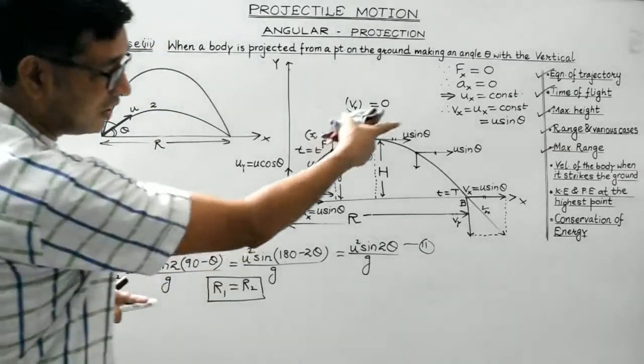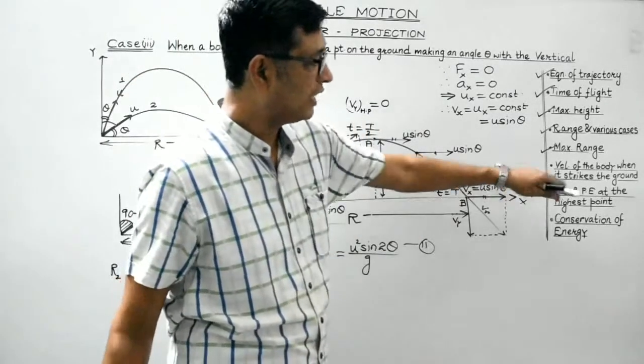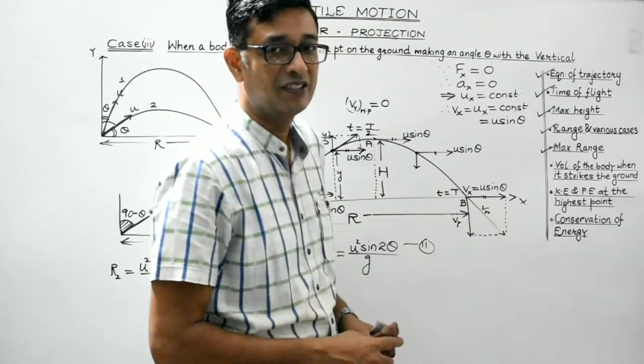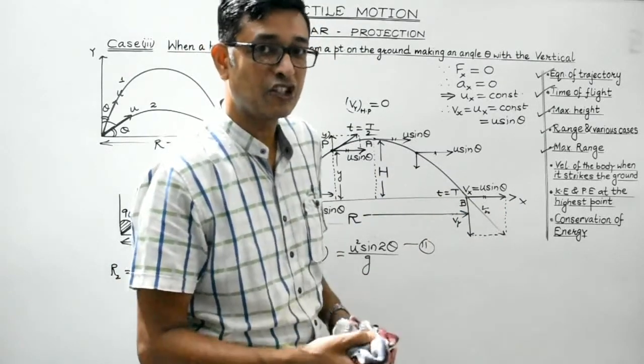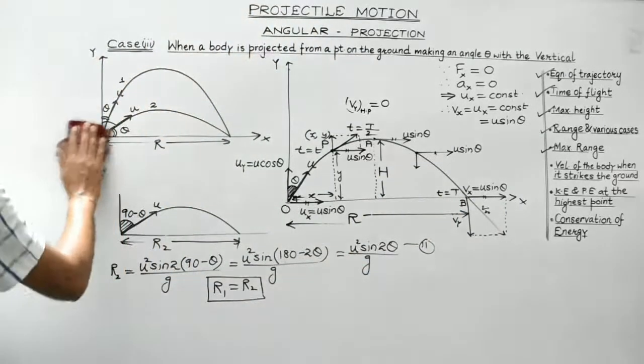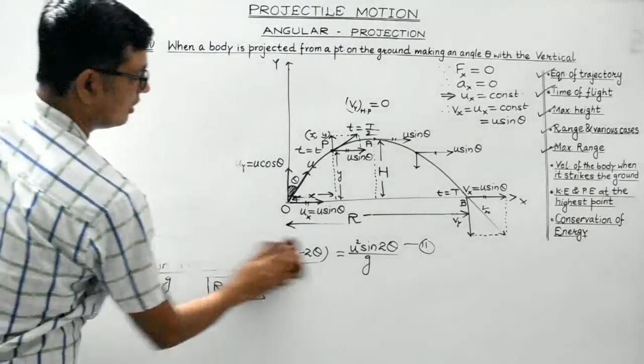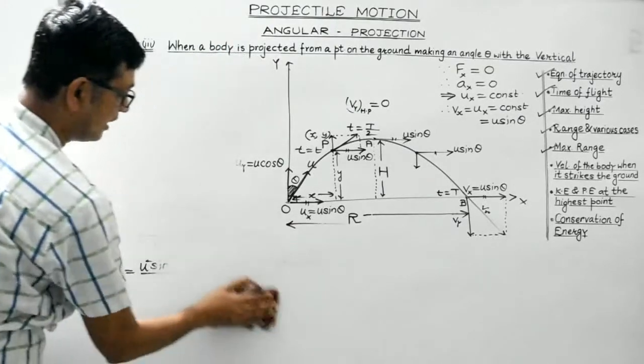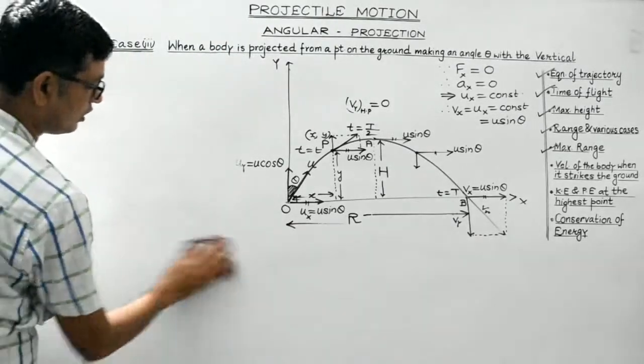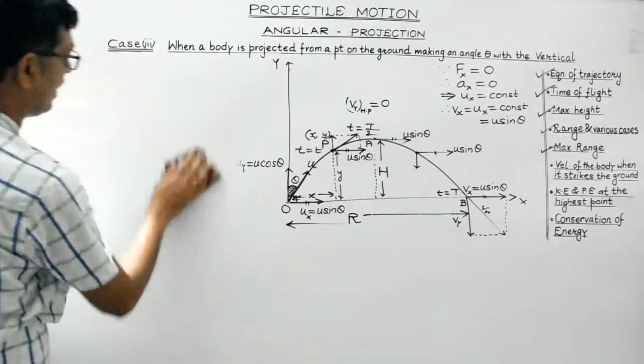Okay, next one is, we need to find out the expression for the velocity of the body with which it strikes the ground. Let's find out the magnitude first and thereafter we'll try to find out its direction as well.